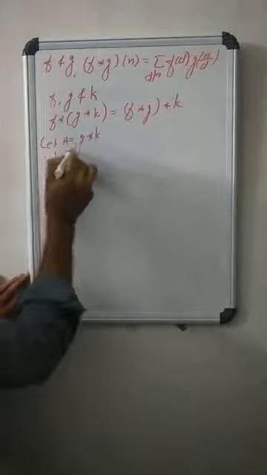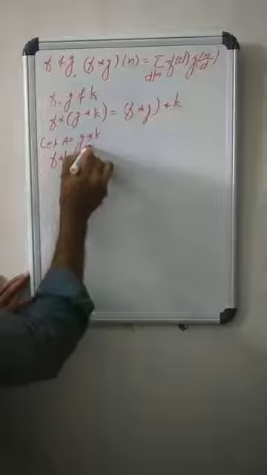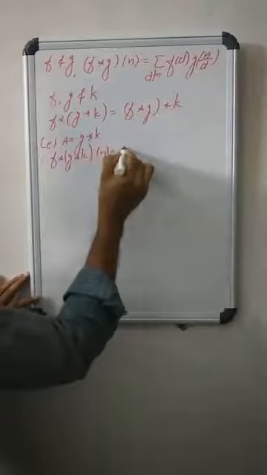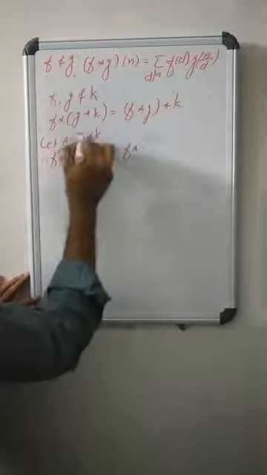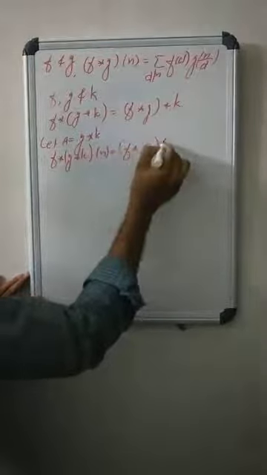Therefore, (f star (g star k))(n) equals (f star a)(n), since g star k is a.